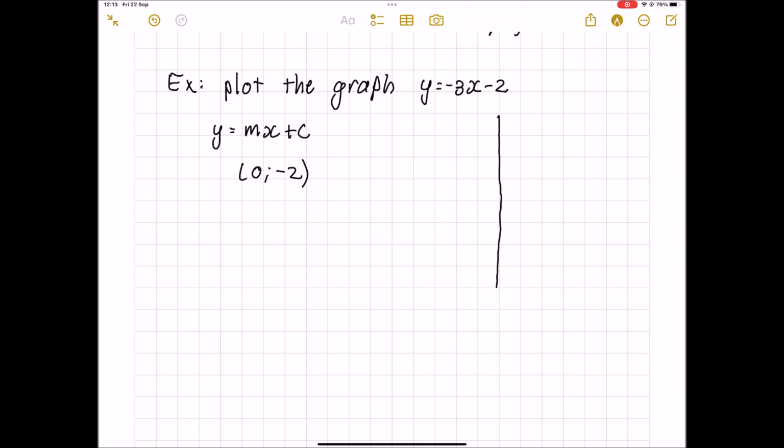So let me draw the axes right here. And we know 0 and negative 2. There's your first coordinate. And what I'll do is, you can do it in a number of ways. You can work with the gradient firstly, or what I would do is I would try and find where the x-axis intercept is.